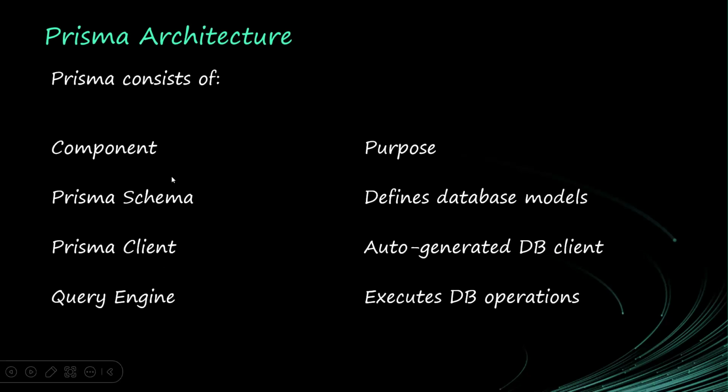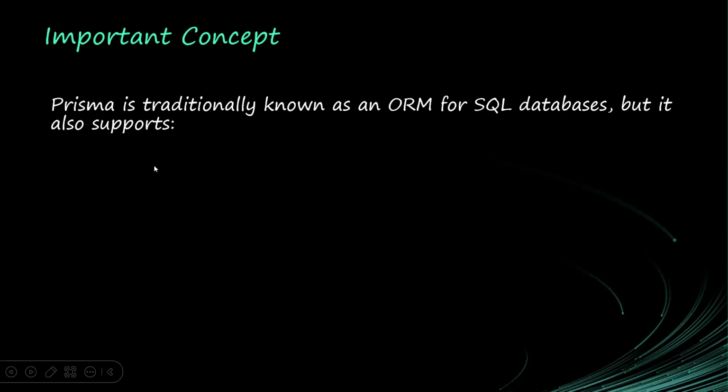Okay, easier to maintain. So the Prisma architecture consists of the Prisma schema, which defines the database model. You're going to see what we mean by Prisma schema. You're going to see the Prisma client, which is auto-generated, and the query engine. You're going to see all these three components of Prisma. An important concept to take a look at is that Prisma is traditionally known as an ORM for SQL databases.